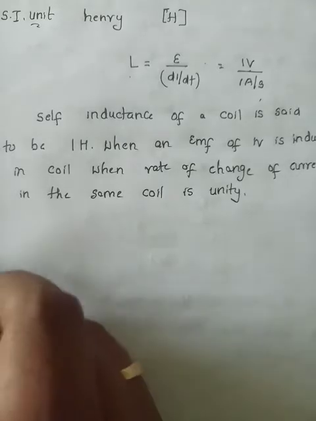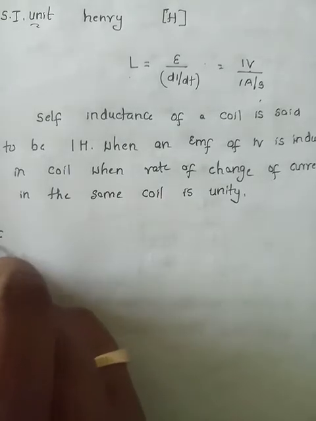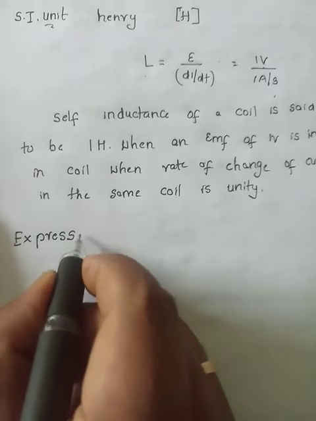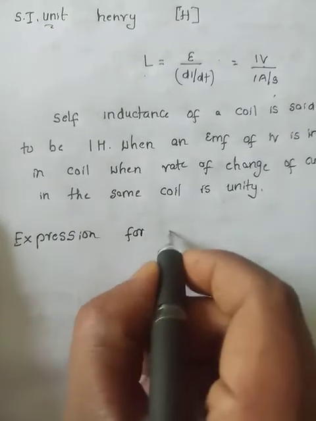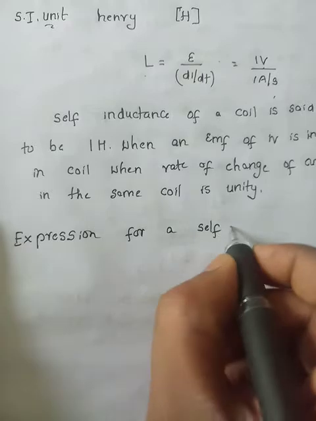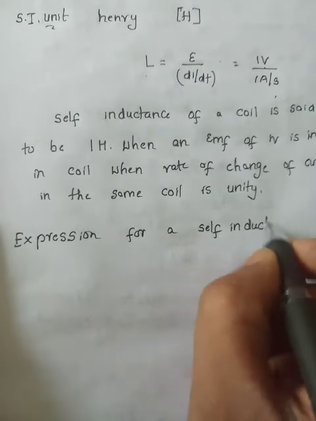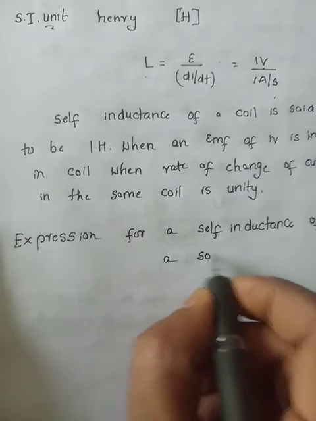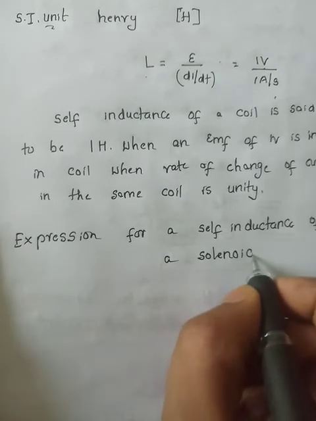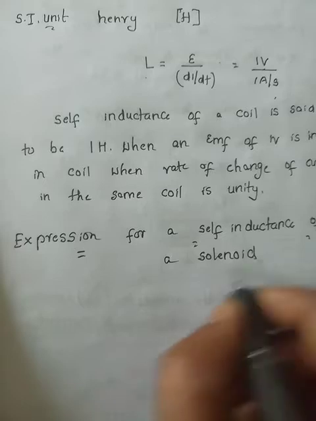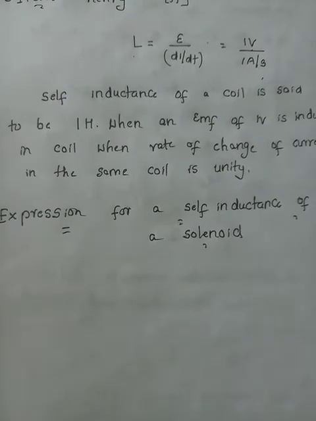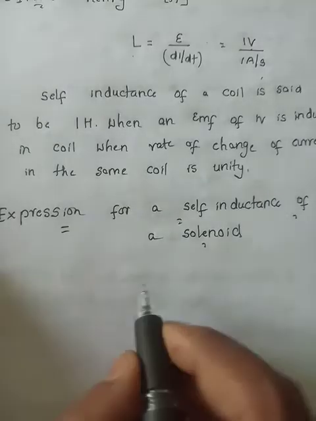Now, I am going to derive the expression for an important question for 3 marks: expression for self inductance of a solenoid. So, we know very well what a solenoid is.